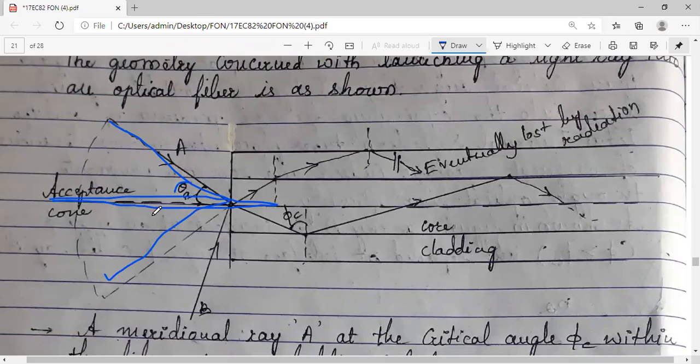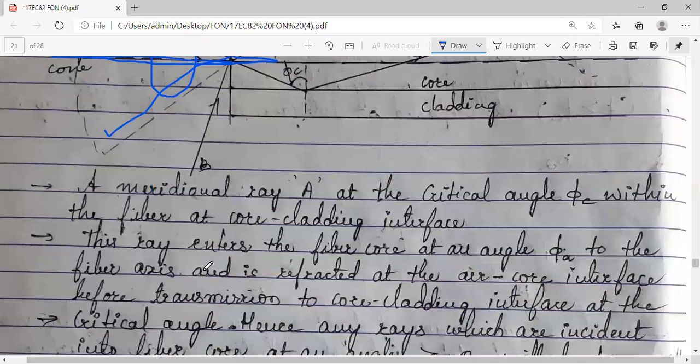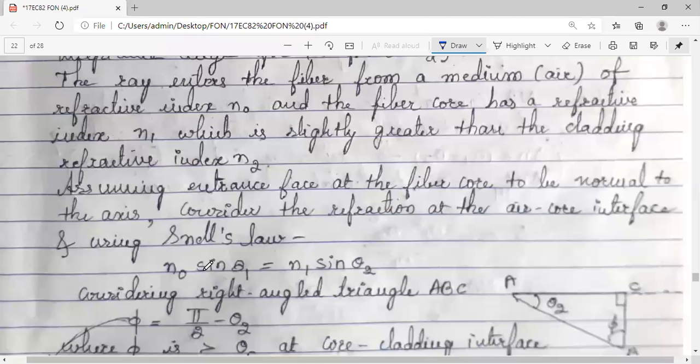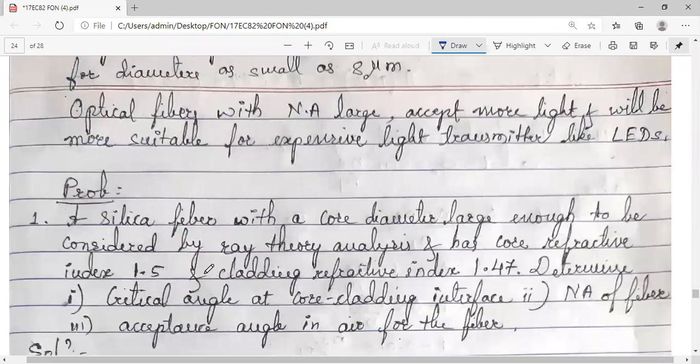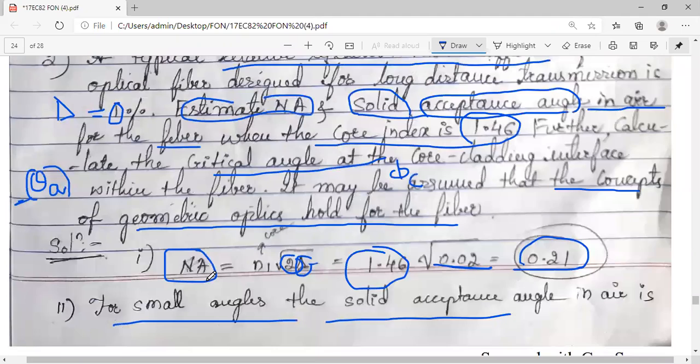So it is not simple theta a. For this cone, it is a segregated part. If you completely take 2 pi, the half will become pi. So pi into sine square theta a.